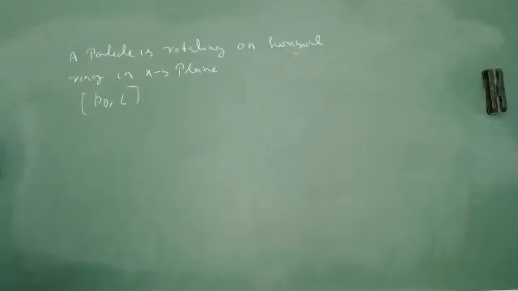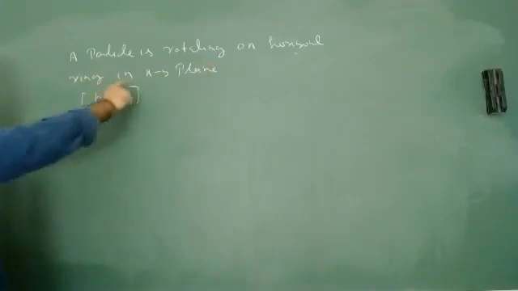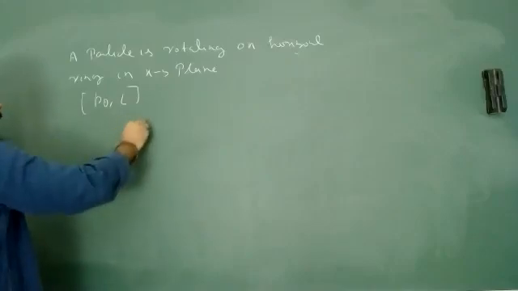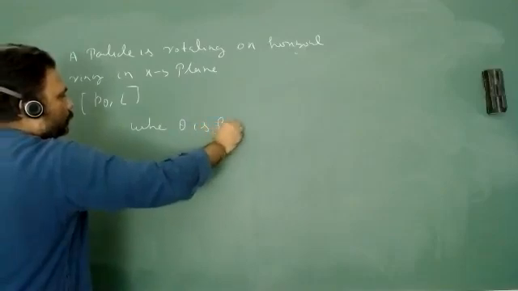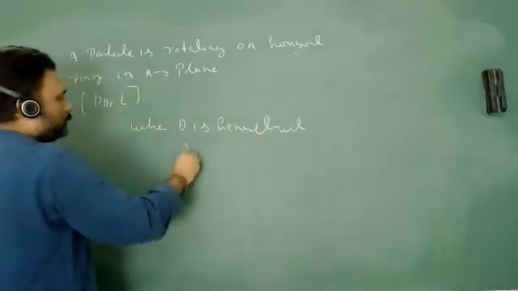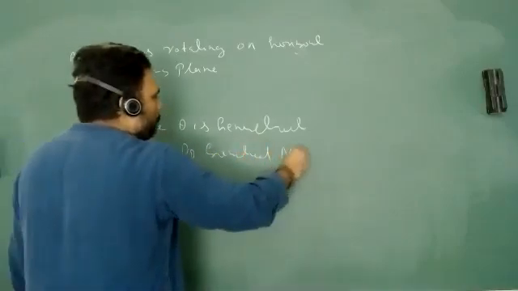So I think this is a homework for you, okay? A particle is rotating on a horizontal ring in the XY plane, where theta is the generalized coordinate and P theta is the generalized momentum.